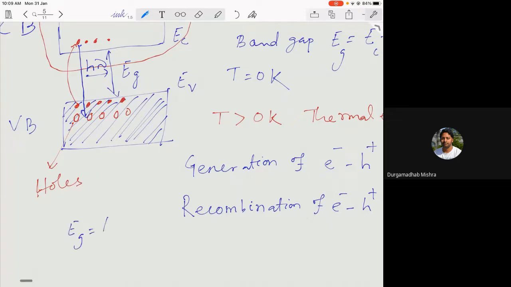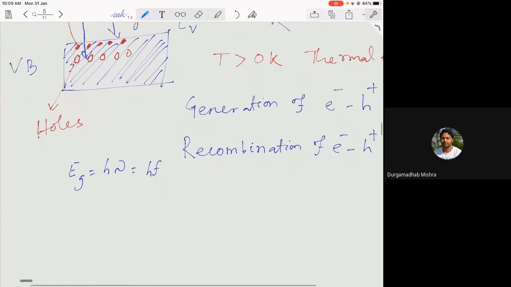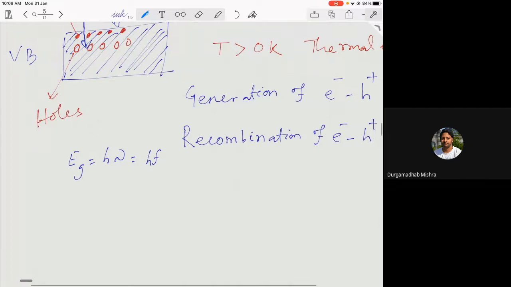The energy of the photon is hν, or hf, whatever you want to call it. The energy of the photon that you get due to this recombination process will be equal to the band gap, and that is what is typically used in light emitting devices.